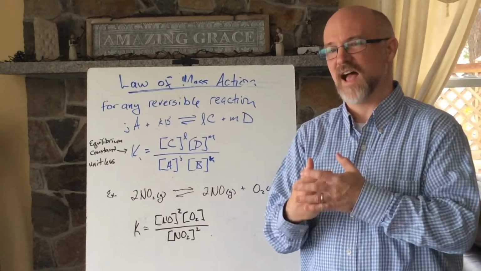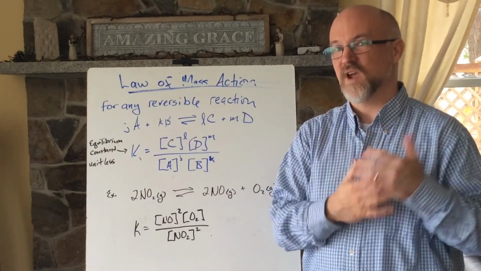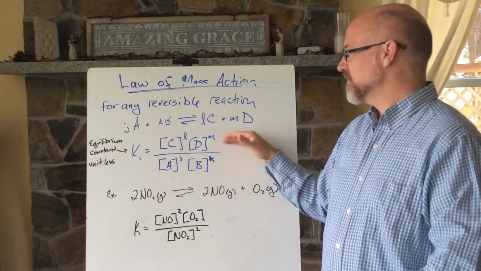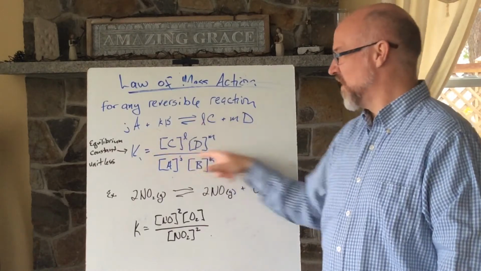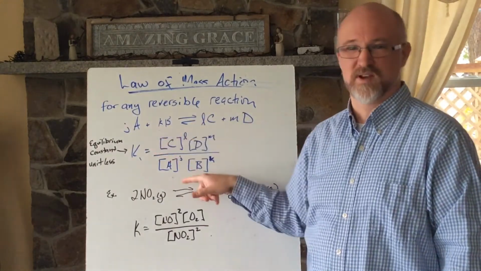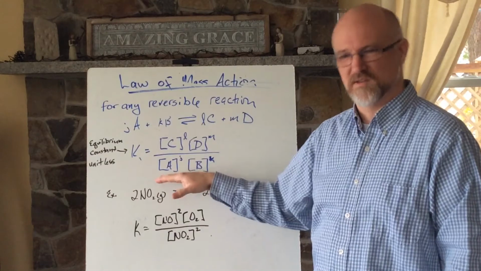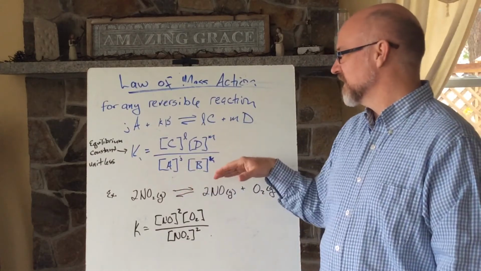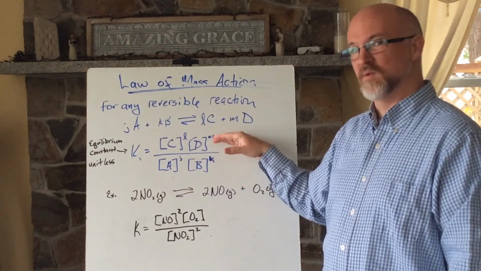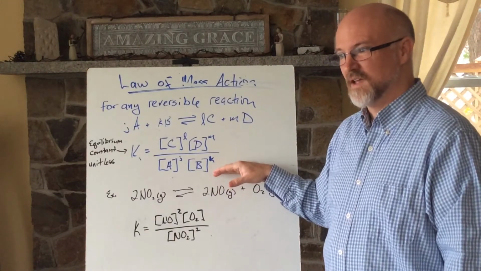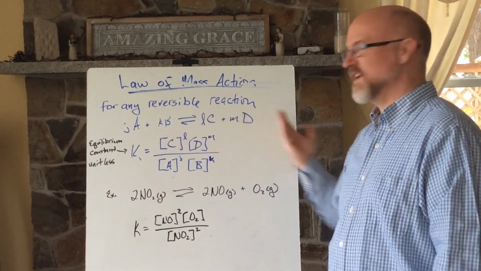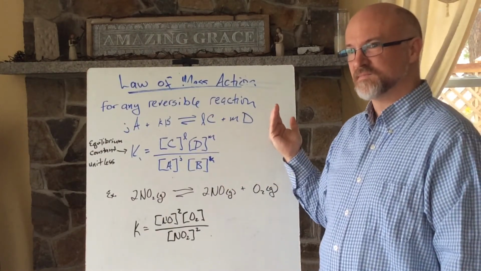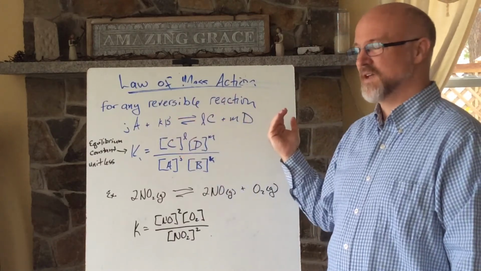Now, if that value for K is greater than 1, that means products are favored because the top part of this fraction would be bigger than the smaller part, the lower part, right? The numerator would be bigger than the denominator. And so that would be a product favored reaction, one where the equilibrium lies to the right.